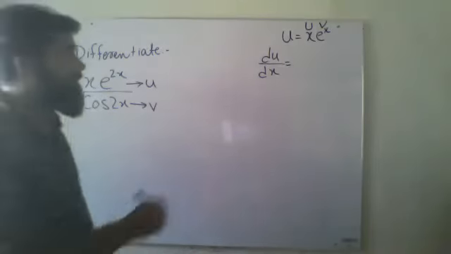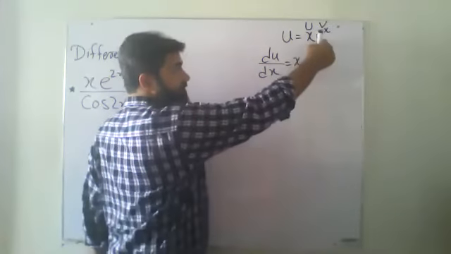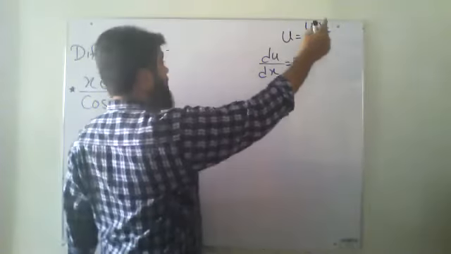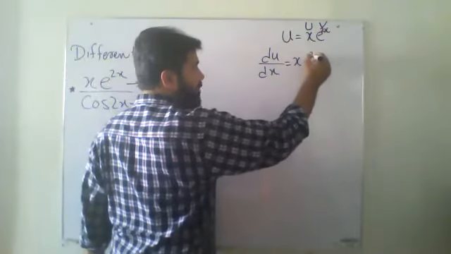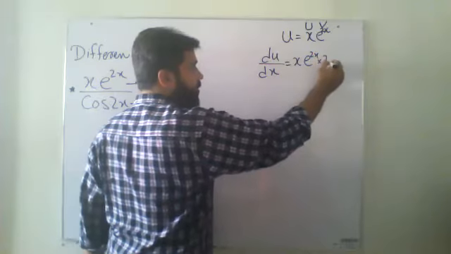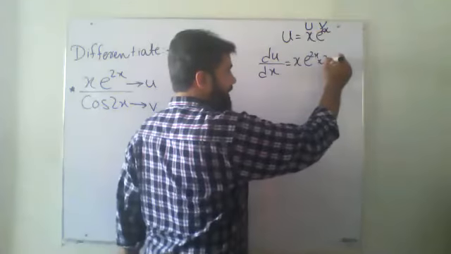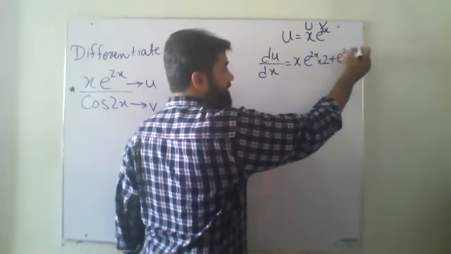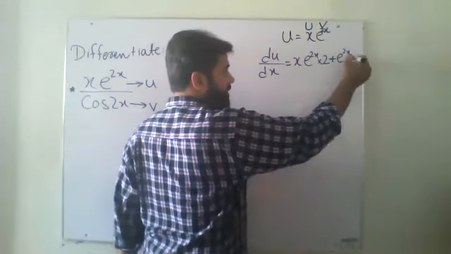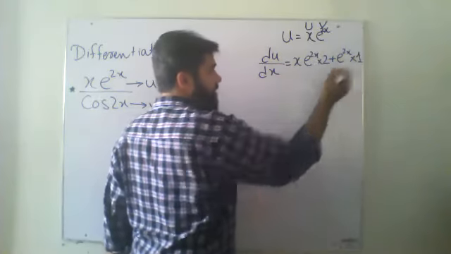Product law says U, that is x, times differential of V. Differential of V will be e power 2x multiplied by 2, plus V, e power 2x, multiplied by differential of U. Differential of x will be 1.